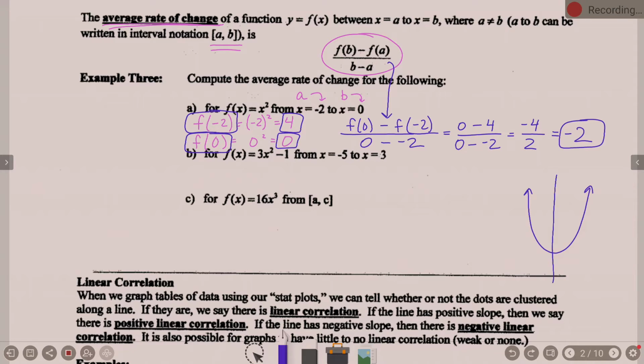And if this is centered at 0, 0, I guess I really shouldn't be working here, because I'm going to need this section later. If you're going to draw this in, don't draw it right here in your notes. But from 0 to negative 2 is right there. Does it make sense that we'd have a negative slope? It should. As I said, I'm going to need that for work tomorrow. Not going to get to it today.